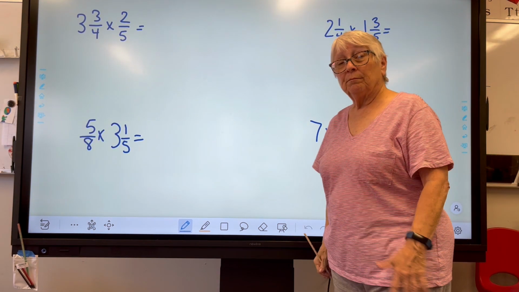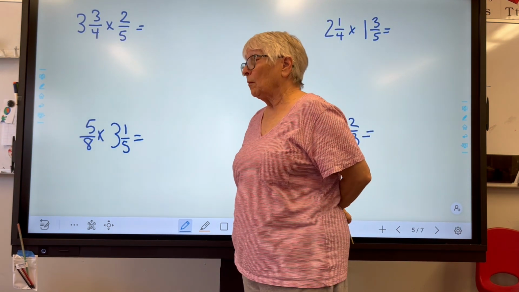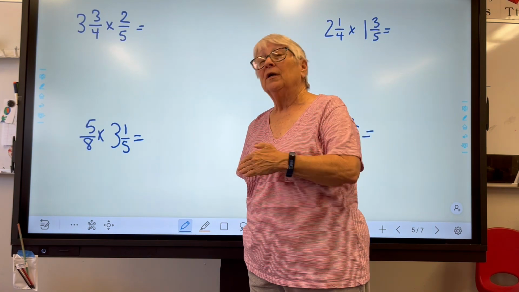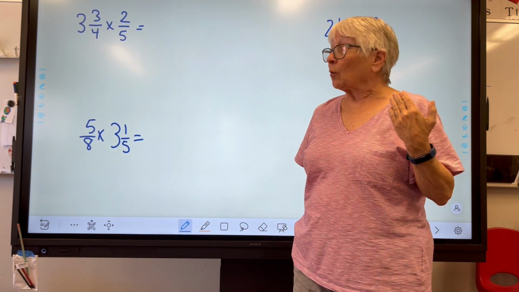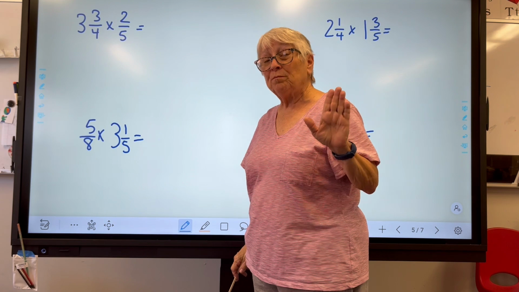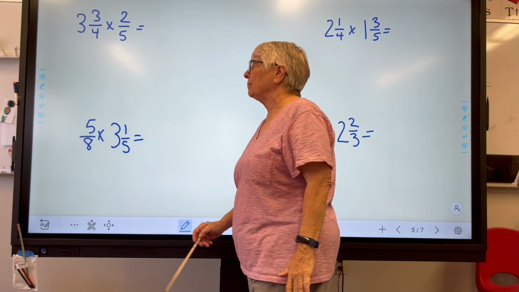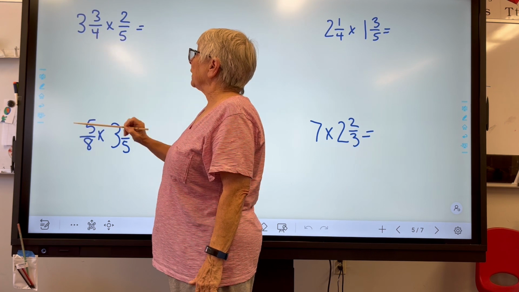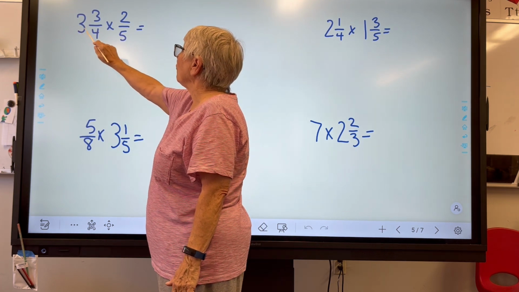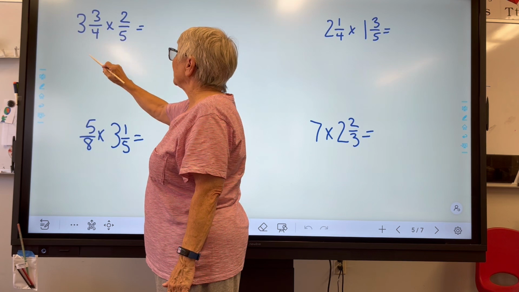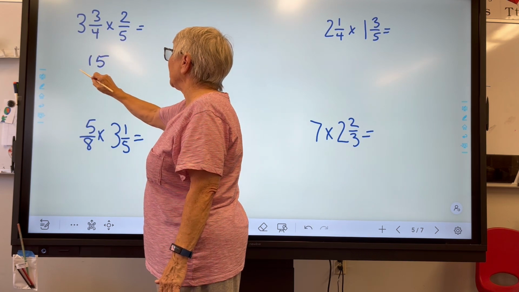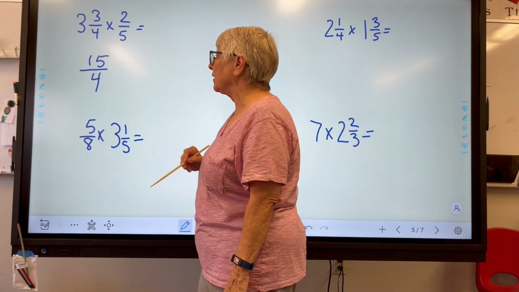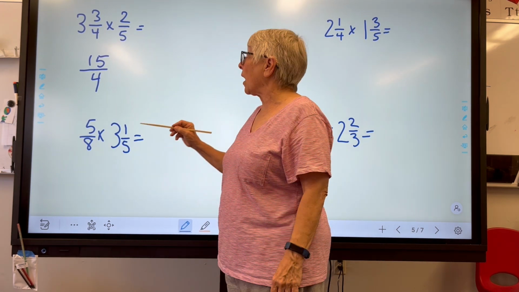We have some fraction and mixed number multiplication to try, and we're going to change our answer back into a mixed number when we get to the end, because the answer should be written as a mixed number. So 4 times 3 is 12, plus 3 is 15, because we must turn it into an improper fraction where the numerator is larger than the denominator before we can multiply.